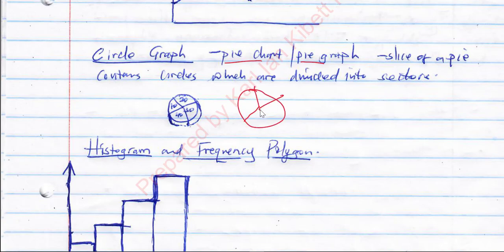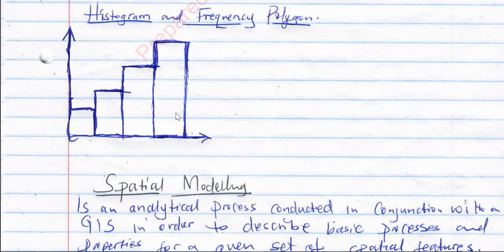That's where you're representing a statistical model. Then you have a histogram and frequency polygon. You can see that this is the histogram. There are so many other methods to represent the statistical model.